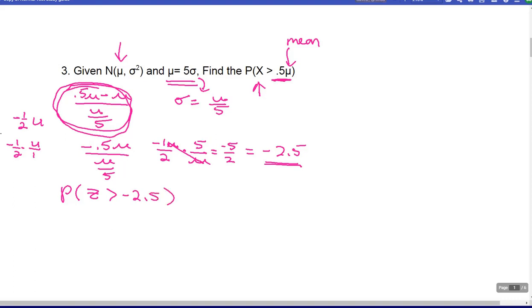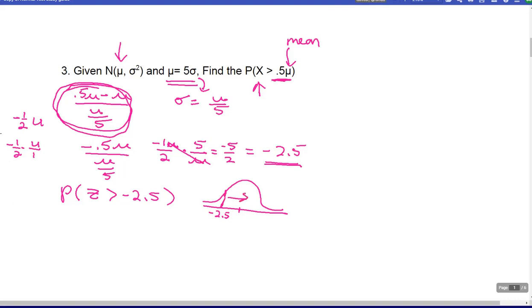All right? Now again, what I would want you to do is think of the picture. Negative 2.5 is going to be below the mean, right? We're going to say roughly here. Okay? Now, z being greater than that is all of this area.